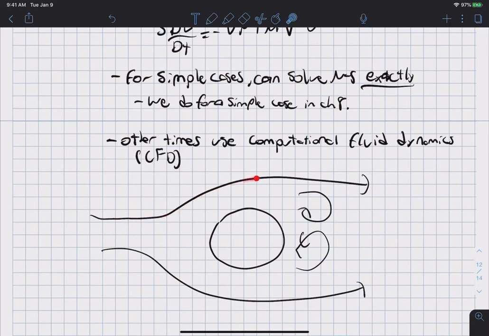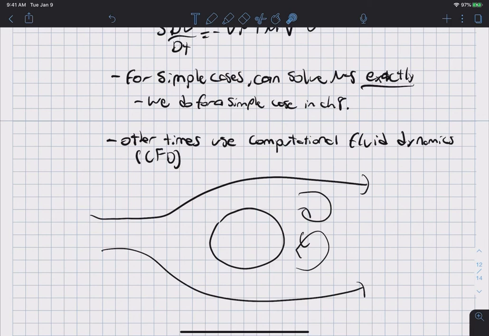As the streamlines go over and around this object, you'll have a pair of counter-rotating vortices here and here, depending on how fast the flow is. For this case that I have sketched, there is no exact solution to the Navier-Stokes equations. It is just way too complicated.